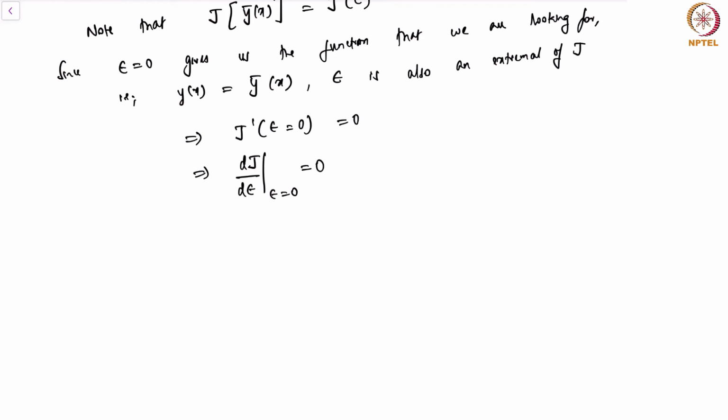Now we can expand this as follows. dJ by d epsilon at epsilon equal to 0 is nothing but d by d epsilon, evaluated at epsilon equal to 0, of J. What is J for us?